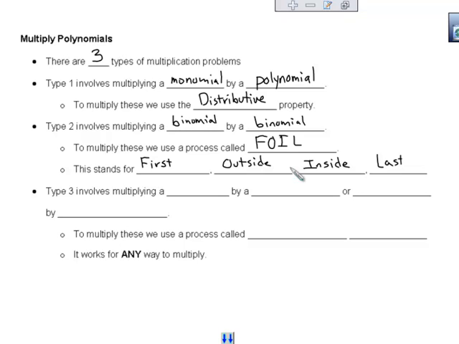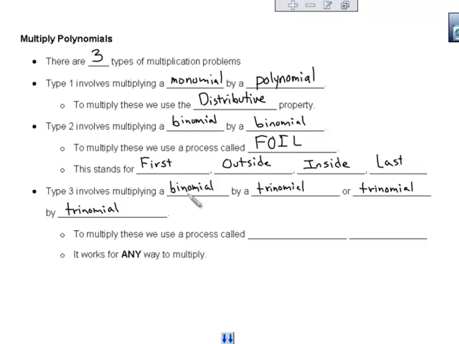The third type involves multiplying a binomial times a trinomial, or a trinomial times another trinomial.